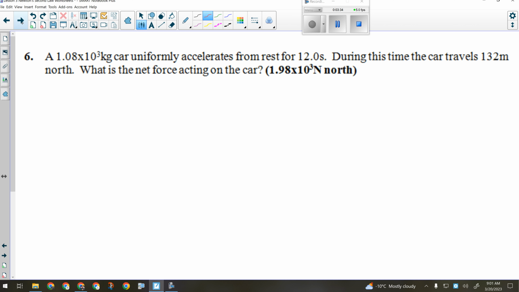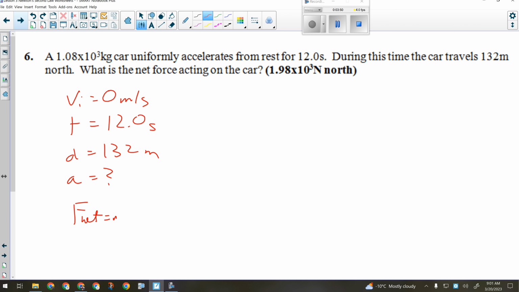I'm told that it accelerates from rest for 12 seconds, and it travels 132 meters. I know I'm going to need the acceleration. F net equals M times A. So what's the net force acting on the car? Do I have an acceleration formula that has those 4 things in it?